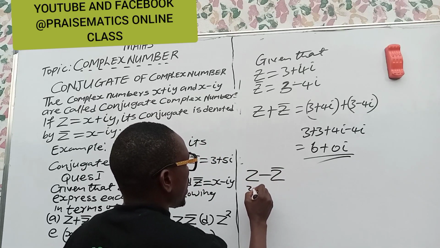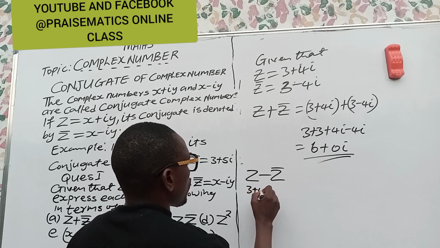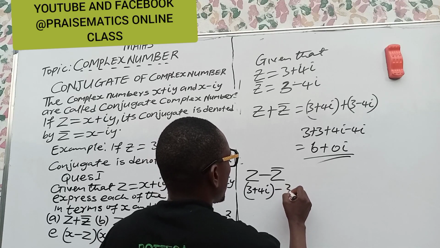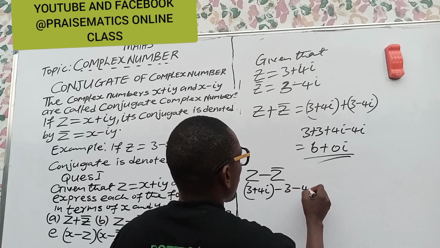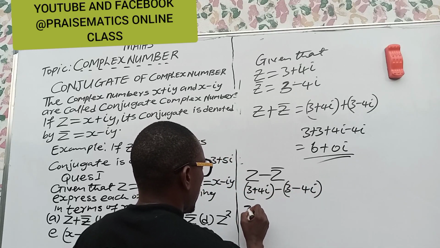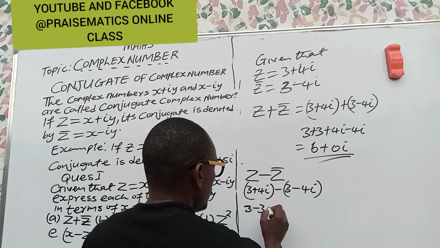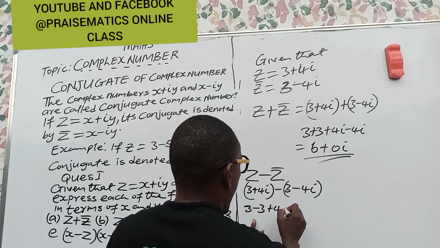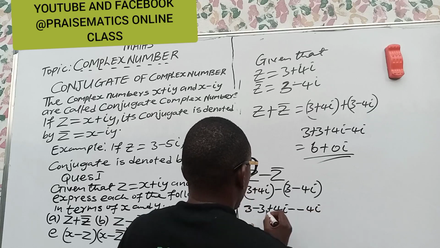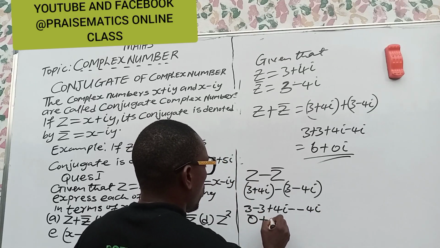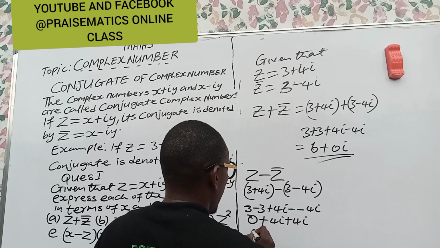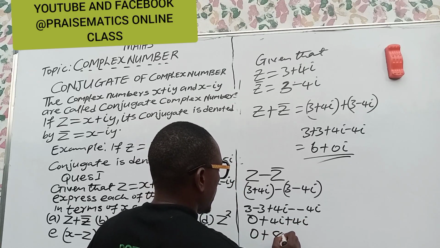We will now have 3 plus 4i minus 3 minus 4i. 3 minus 3 is 0, plus 4i plus 4i, finally gives us 0 plus 8i.